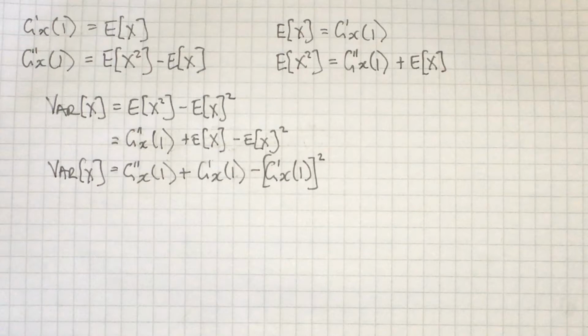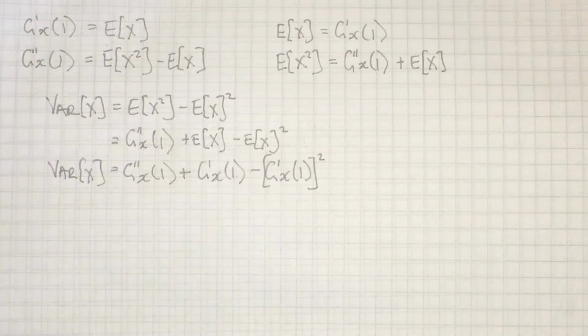Just as you've seen with the majority of formulas, with adequate practice, no doubt you will be able to commit this to memory. As we move on, let's just see how we can use these two properties within problem solving. So how can we solve problems that ask us to find the expectation of x and the variance of x? We'll go through a couple of examples and then I'll let you get down to some of your own individual practice.